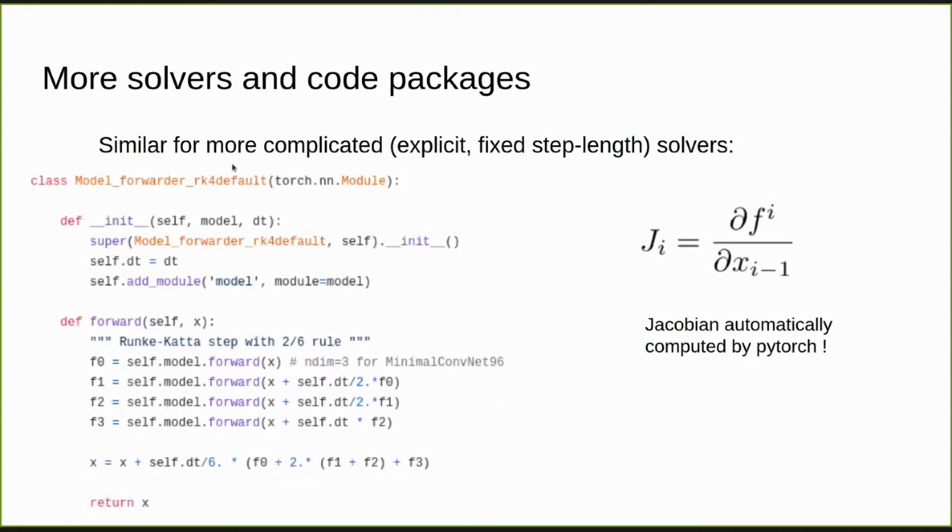Okay, one slightly more complicated example, just to show you that it's not so much work to get this done in practice, is Runge-Kutta fourth order. This is just grabbed from my own code base, which is why it has this somewhat cryptic comment. Sorry for that.